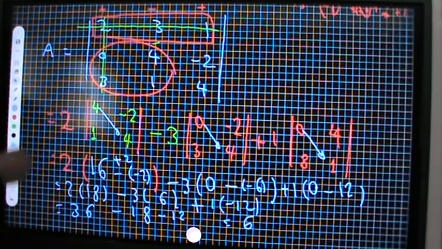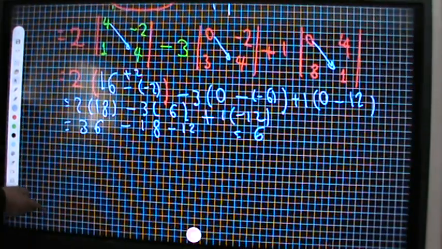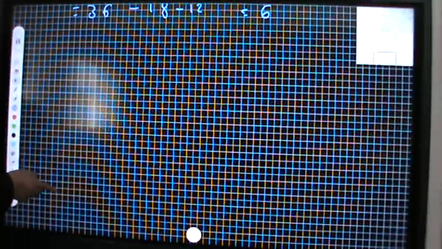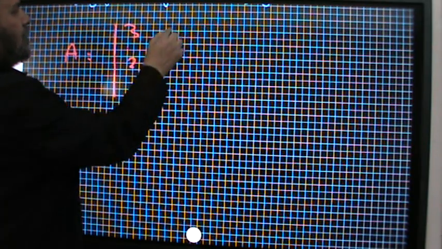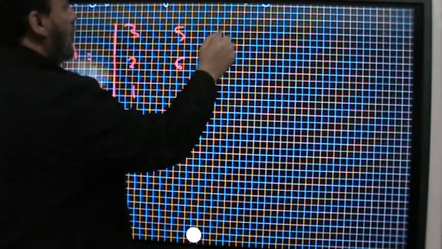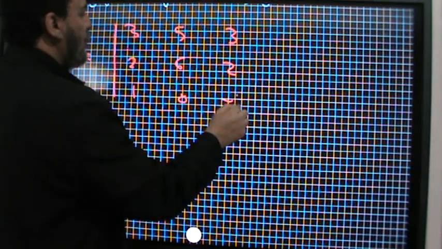We have another rule to get the value of this determinant. If you have A equal to the determinant 3, 2, 1, 5, 6, 0, 3, 2, negative 1.